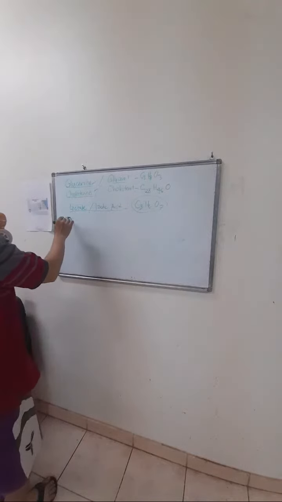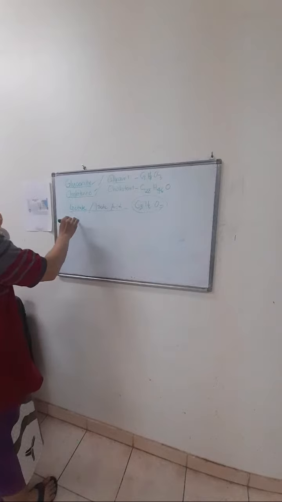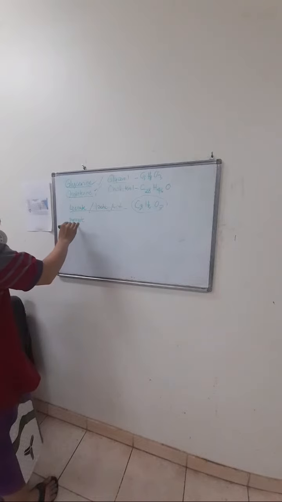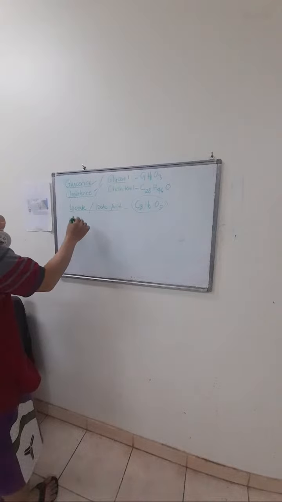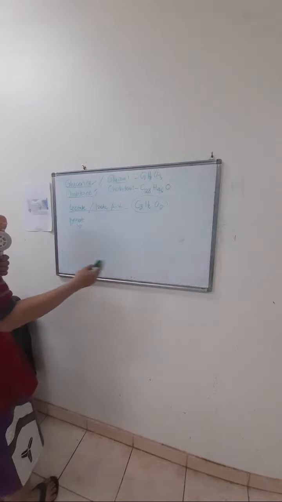Pyruvate, guys, why is it stressed? Because we cannot obtain energy during the conversion of glucose into adenosine triphosphate, which we use to survive, from the glucose manufactured inside our body.